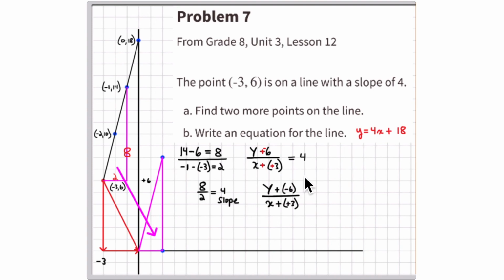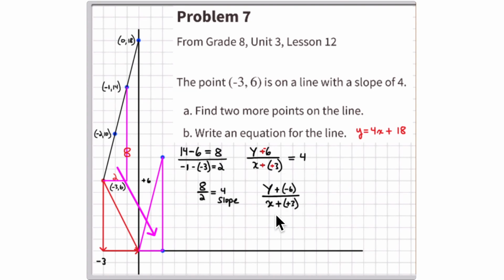Now to figure out how y and x fit into this equation, remember that you subtracted 6, so y minus 6, which is the same as y plus a -6, and you added 3, so x plus 3, which is the same as x minus a -3.